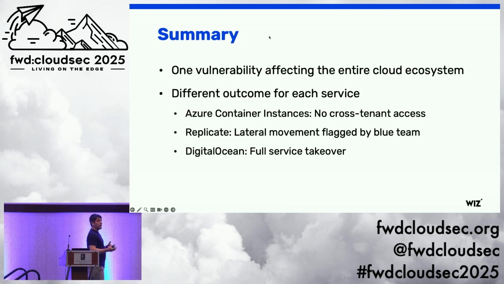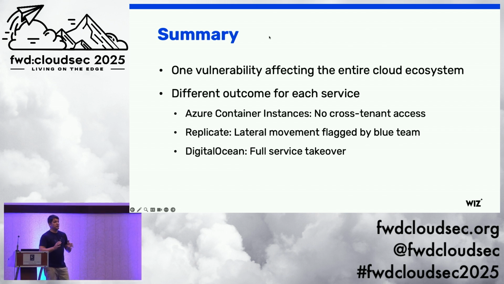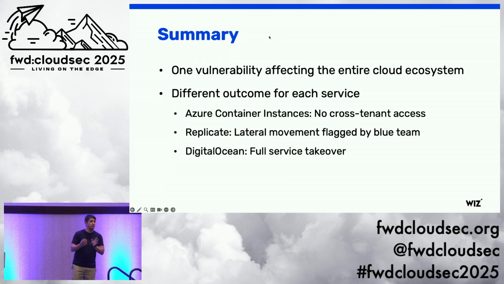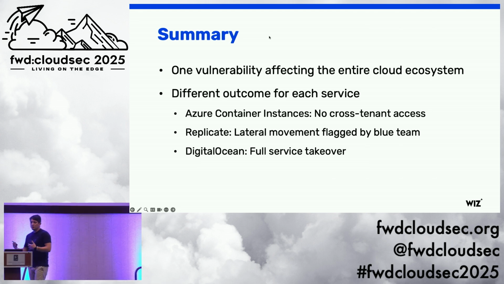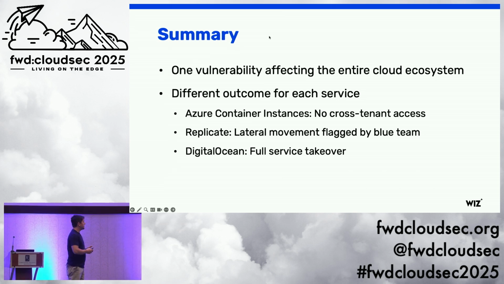For Replicate, we had access to the Redis queue, and we could have made some modifications to the prompts and to the inference results, but the impact was rather limited, and our actions were flagged by the blue team, and we had to stop our research.